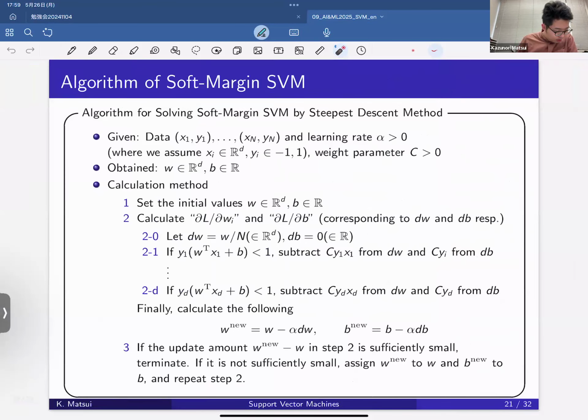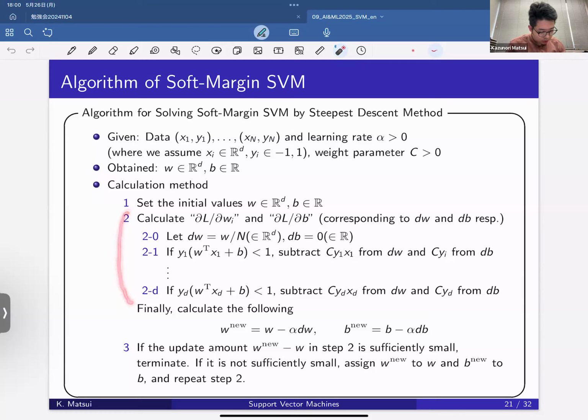So the algorithm for the soft margin support vector machine becomes like this. We decide w and b appropriately, then calculate the partial derivatives with respect to w and b, so this part.